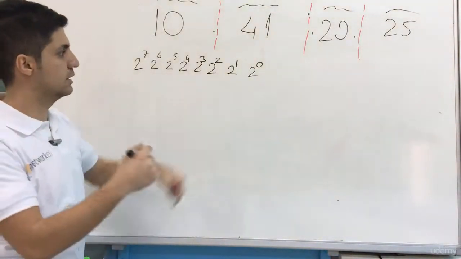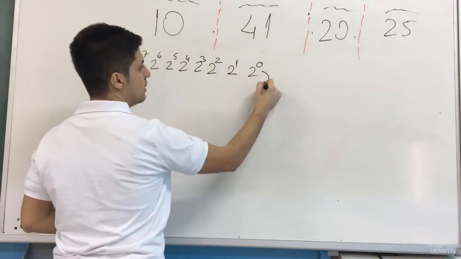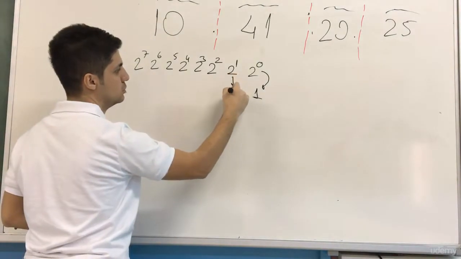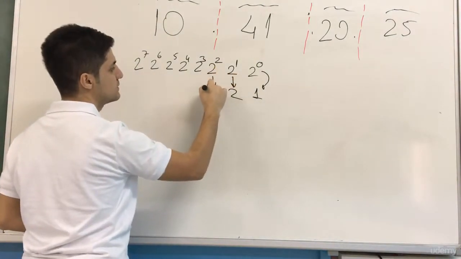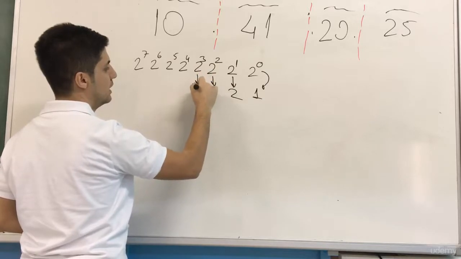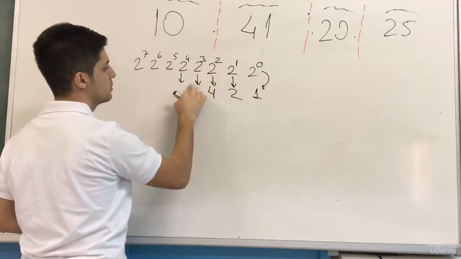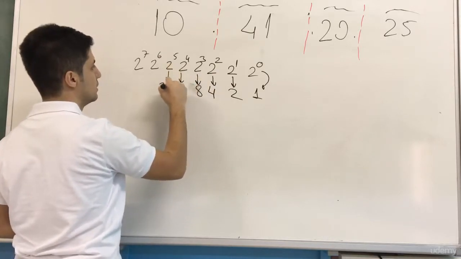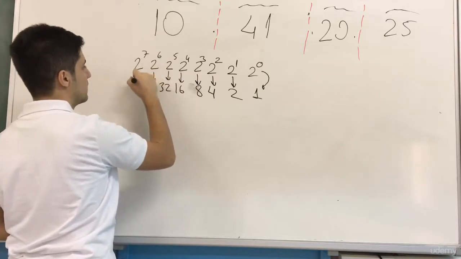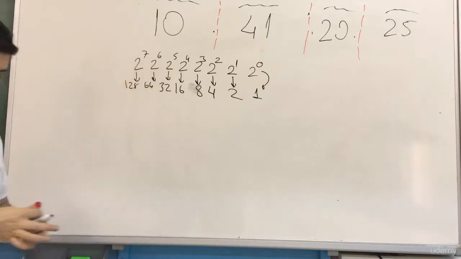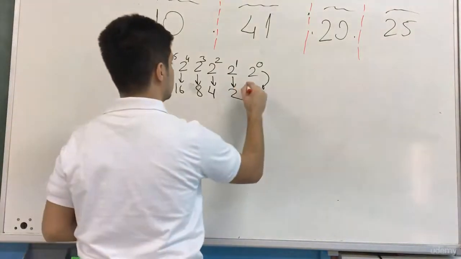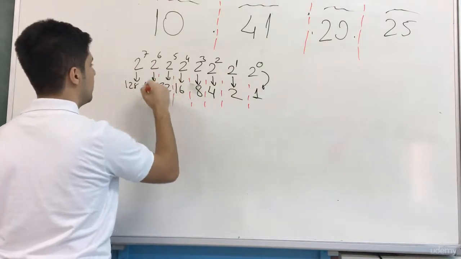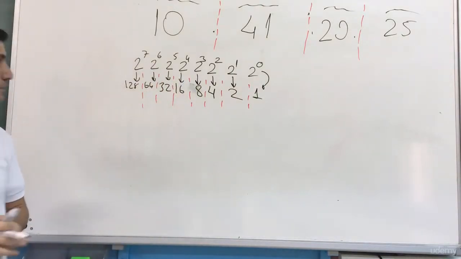Alright, let's calculate this. 2 to the power 0 is 1. 2 to the power 1 is 2. That's 4, and that's going to be 8, 16. Alright, I wrote the powers of 2 to calculate the binary value.